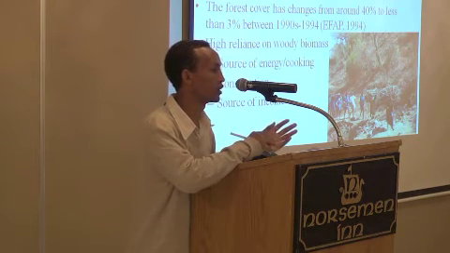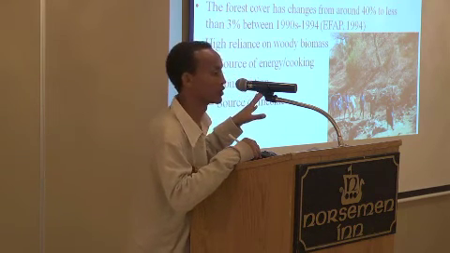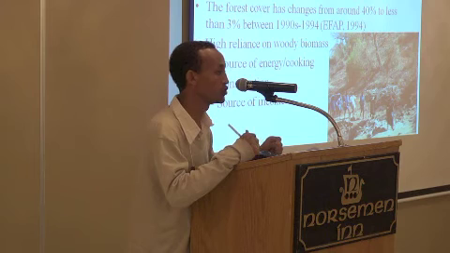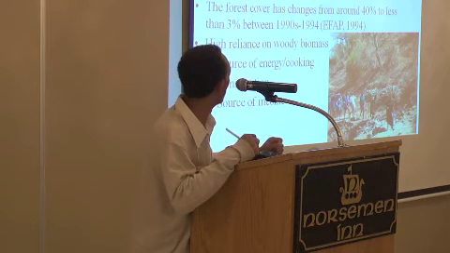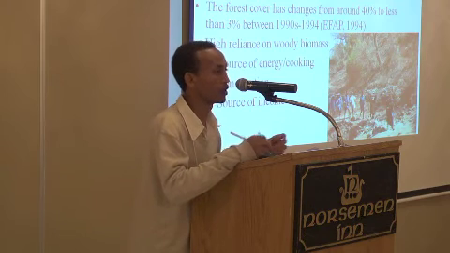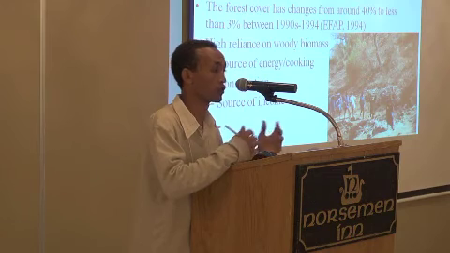This is the national statistic. One of the reasons is high reliance on woody biomass for construction, as a source of energy, and as a source of income. People are making excessive use of the resources for different purposes.